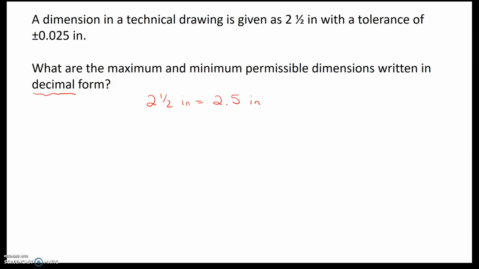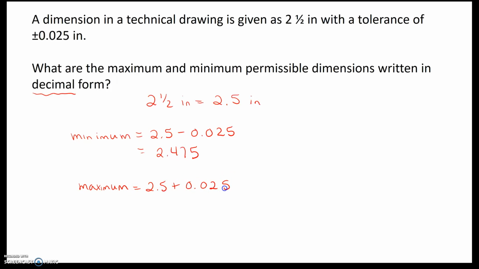Next, we can figure out our minimum value by taking the 2.5 value and subtracting 0.025 from it. Similarly, we can calculate the maximum value by taking the 2.5 value and adding 0.025 to that value.